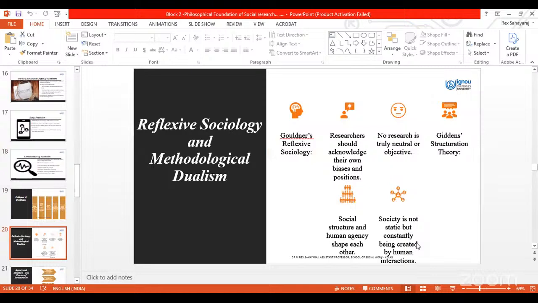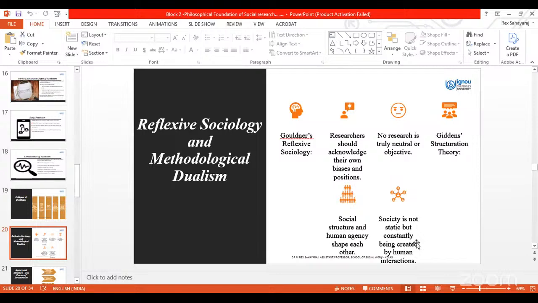So we have discussed the criticism of positivist theory, and we have reflexive sociology and methodological dualism. We discussed how various theories lead us to develop knowledge without bias, and how to eliminate bias, and why researchers need to be very neutral in social science research.